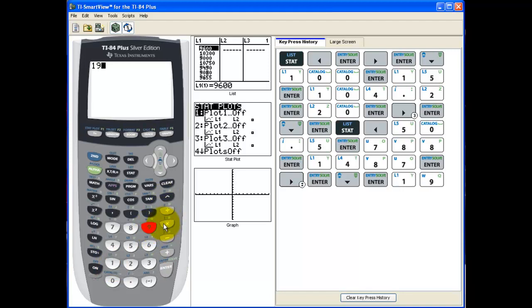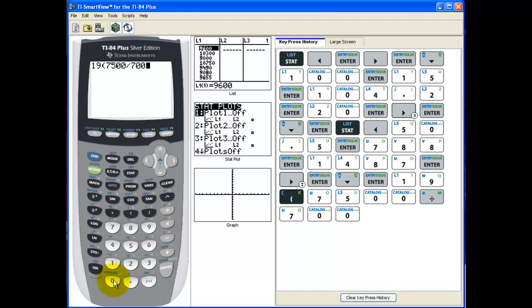And then if you recall the construction of the test statistic, you're supposed to take sample standard deviation, divide by sigma naught, square the quantity, and then that's your test statistic. So in this case, sample standard deviation was 7,500, and we would divide that by sigma naught, which is 7,000, and we're going to square that.